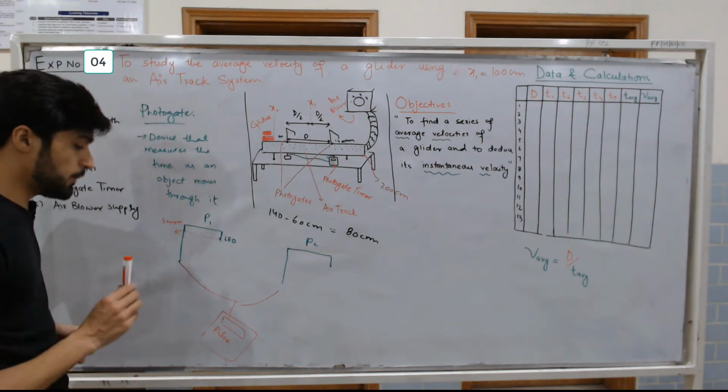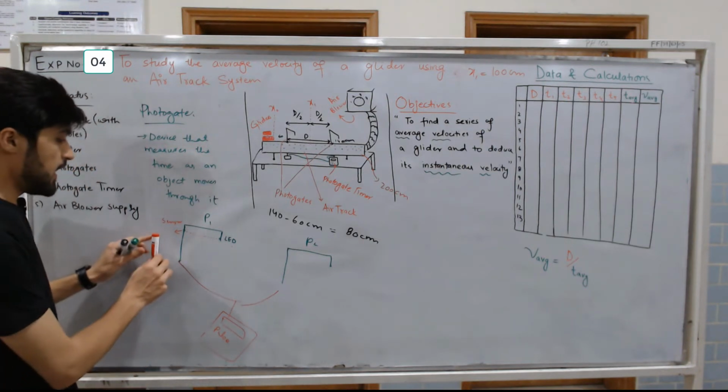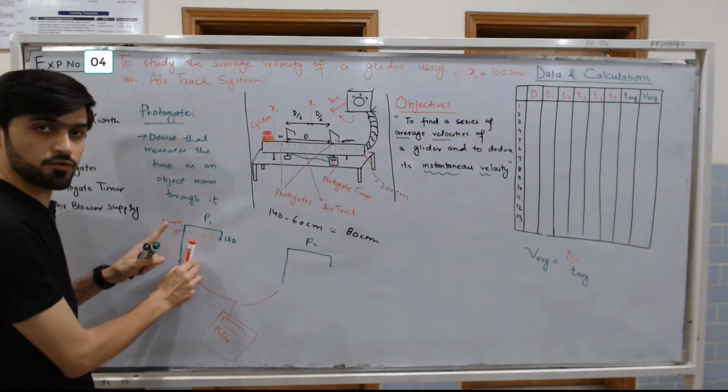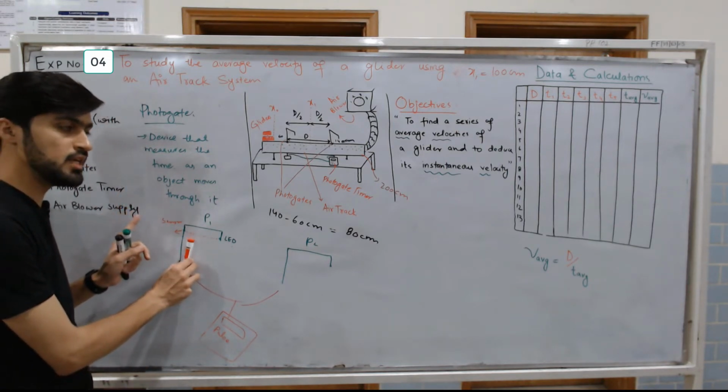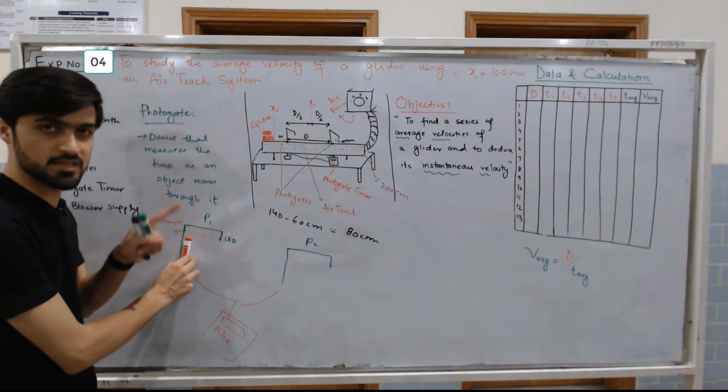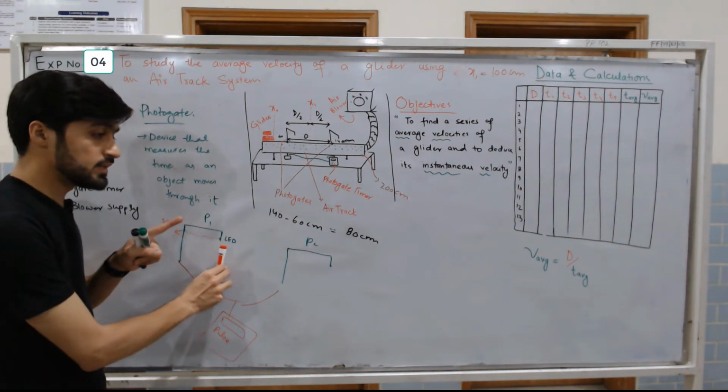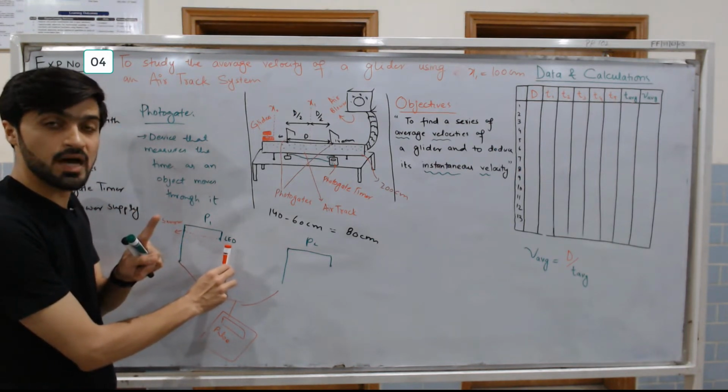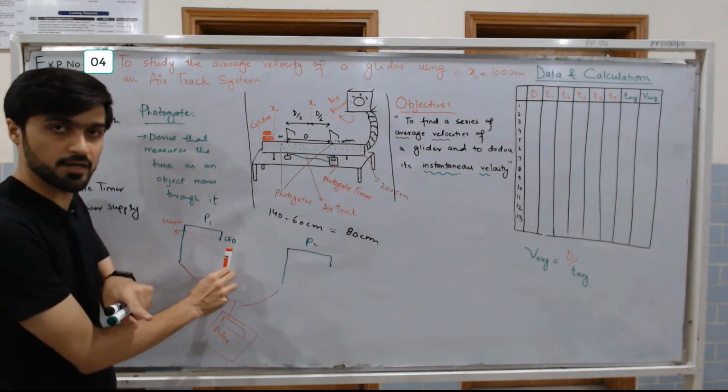Now let's understand the pulse mode. As the object blocks the beam of the first photo gate, the timer starts. And as it moves, the timer will not stop, unlike in the case of gate mode.